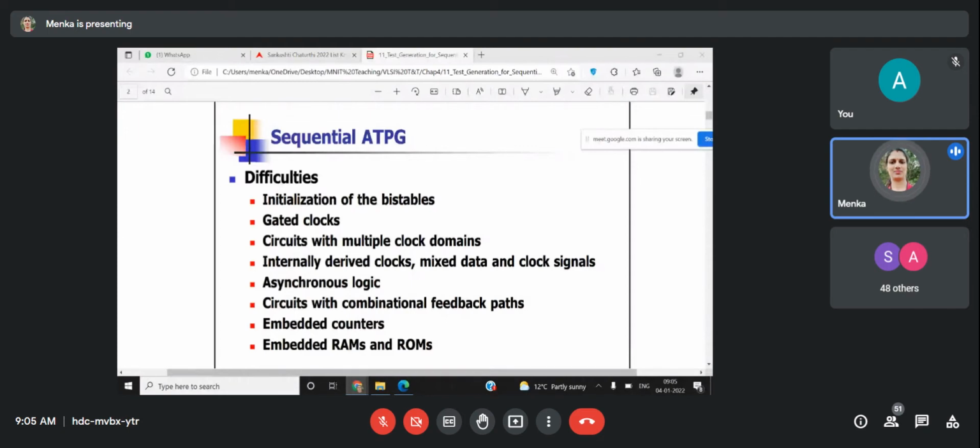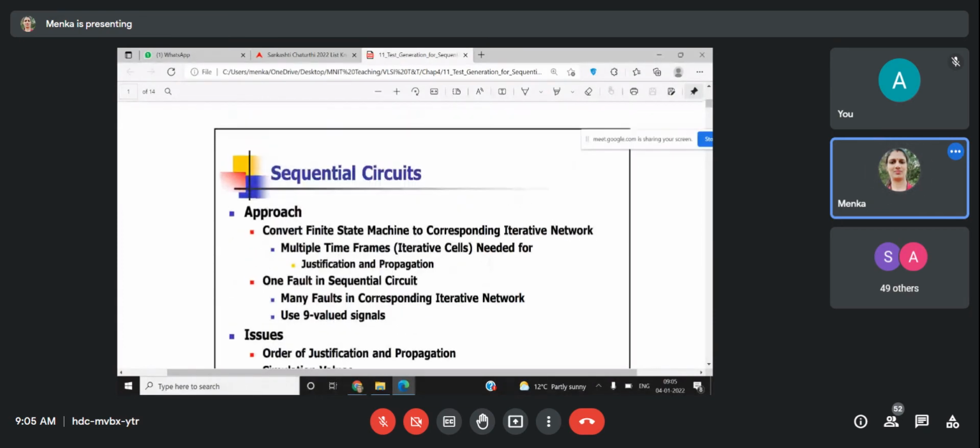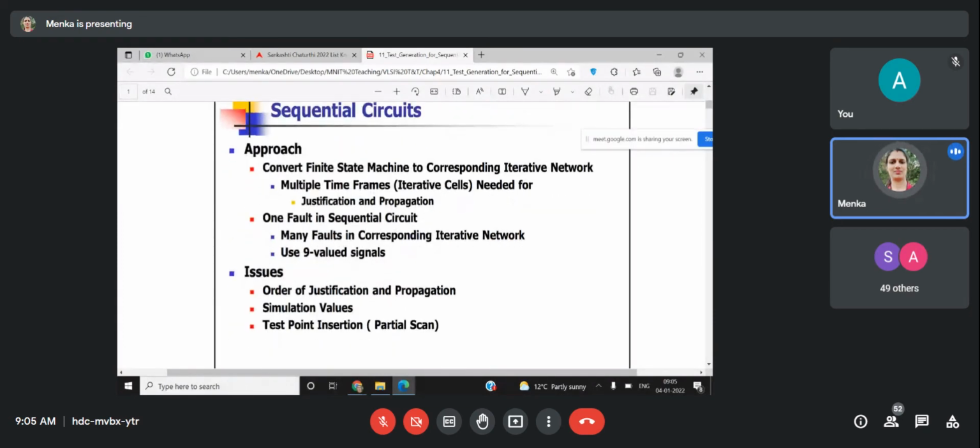So sequential ATPG, what are the problems with sequential ATPG? Mainly, sequential ATPG means you have a combinational circuit. This is your combinational circuit, and you have a set of inputs, you have a set of outputs, and a few of the outputs are fed back.